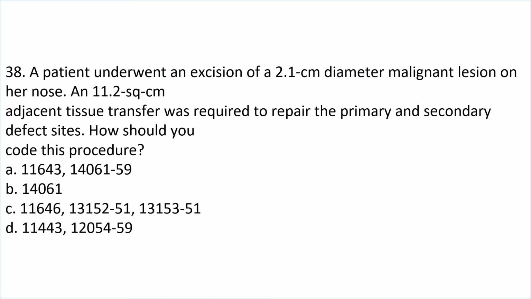And remember, whenever there are multiple codes, if one code is wrong, that option is wrong. So we will code only the option B, because here 11.2 plus 2.1 becomes 13.3. So we'll be coding for that, and the area is the nose.